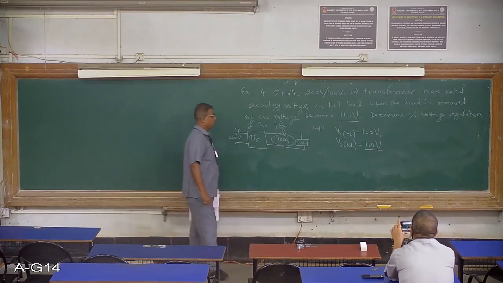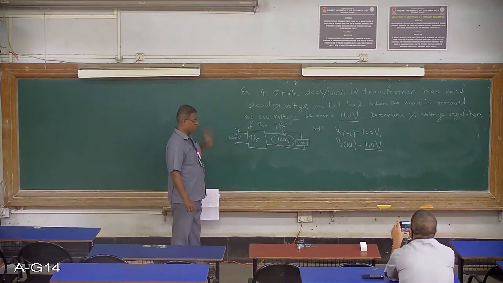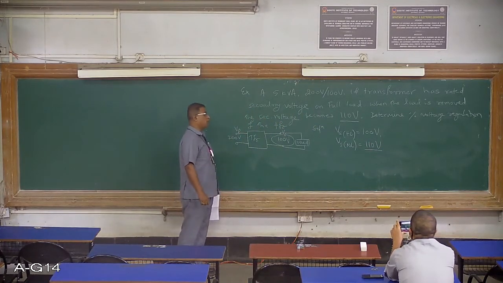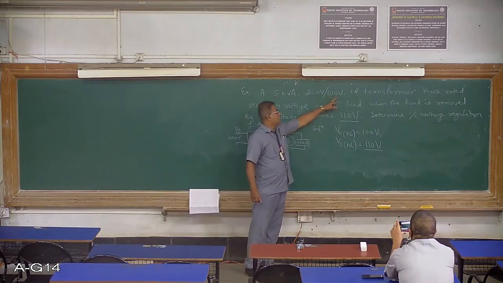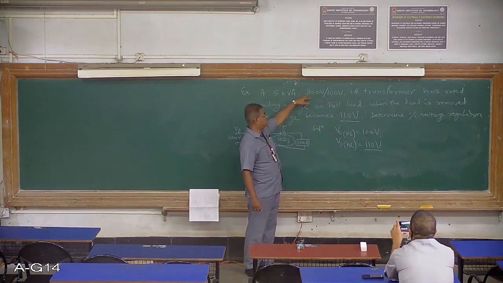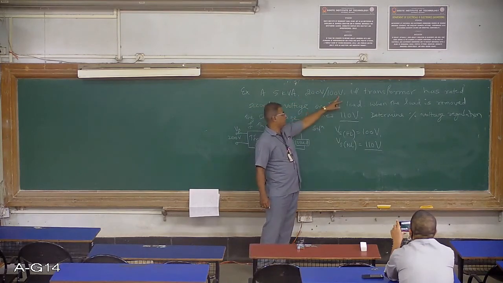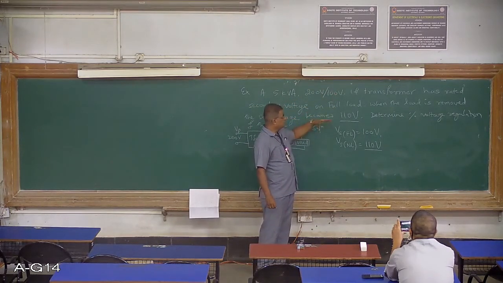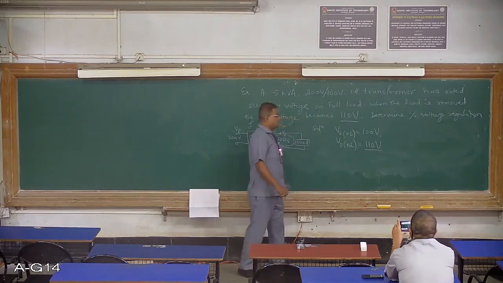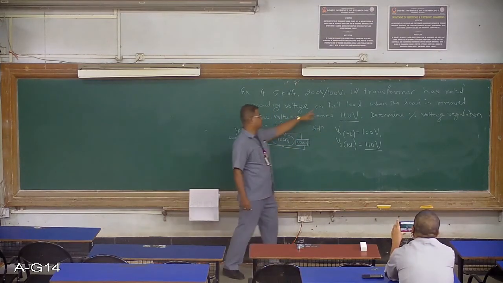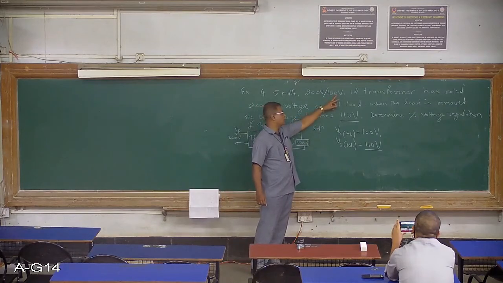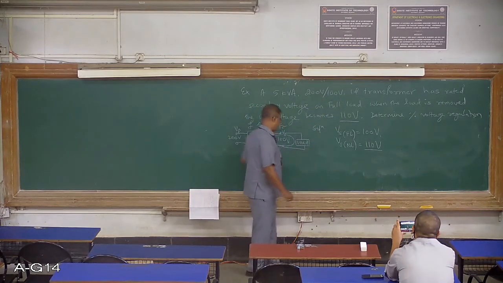One general aspect you need to remember, that is, this 100 volt is the rated voltage. Primary voltage rated value is 200. Secondary voltage rated value is 100. So whenever we calculate the regulation, in the denominator of the formula, it is advisable to substitute the standard reference value.